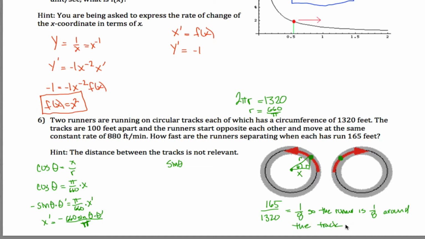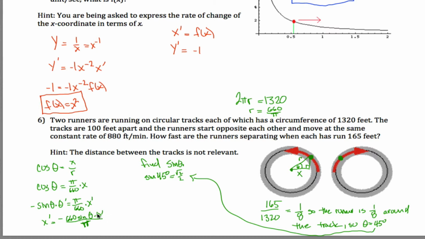So what that tells me is that theta must be 45 degrees. If theta is 45 degrees, find sine of theta. Well, theta is 45 degrees. Sine of 45 degrees is equal to root 2 over 2. So I know what goes in here.